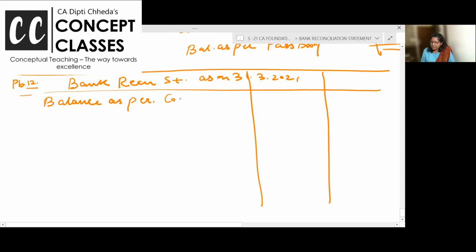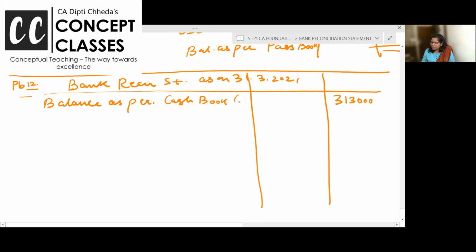Balance as per cash book, 3,13,000. Now, I have deposited check 65,000 and 33 on 25th March, 31st March, yet they are not cleared.